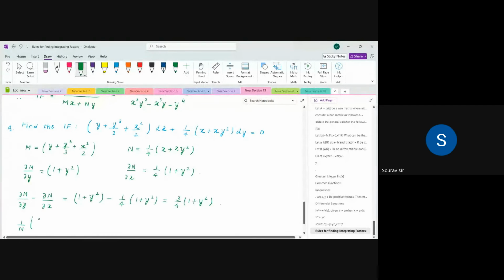So if I do 1 by n times del m by del y minus del n by del x, that will be 3 by 4 times 1 plus y square divided by x plus xy square. Right?